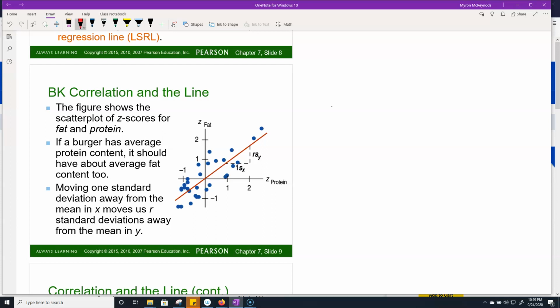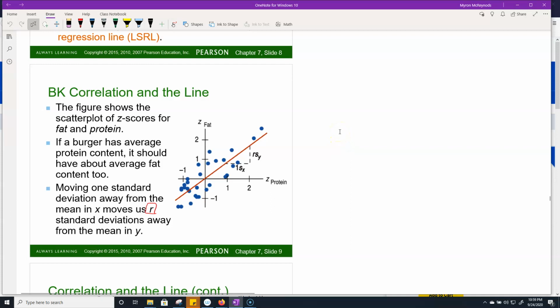You're not going to need to know this in super detail, but this just wants you to see that correlation is tied to how many standard deviations away you are. Remember, the r equation had the z-scores involved. So it's a good example that the r and z-scores are all tied into this stuff.